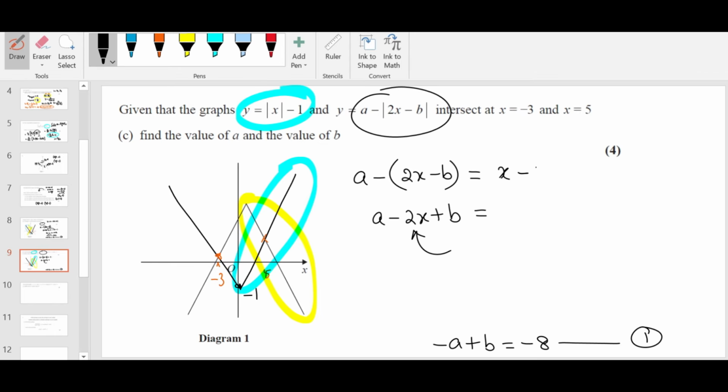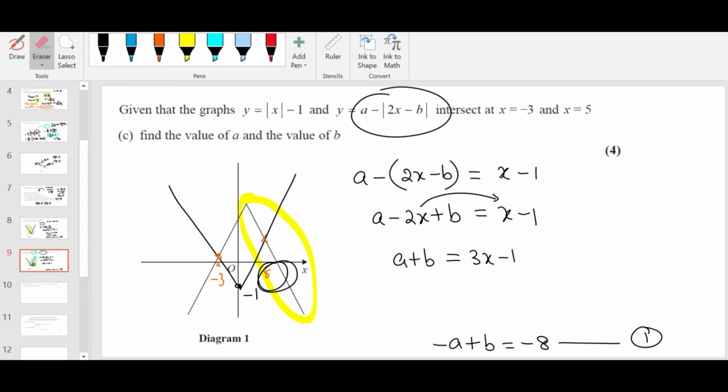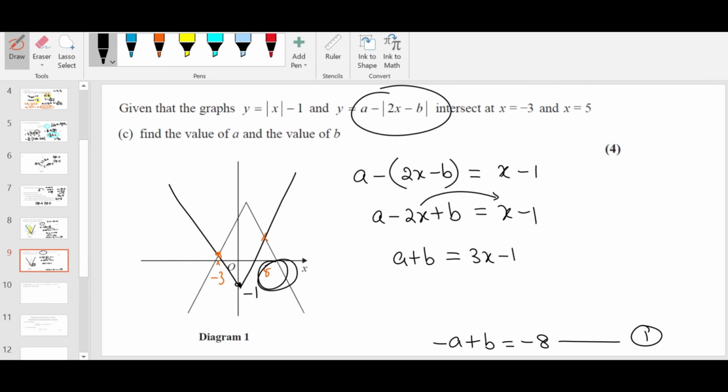So I'm going to take it as x minus 1 and solve again. I'm going to put this minus 2x this side. So a plus b is equal to 3x minus 1. And we know x is 5 at this point. So replace x by 5. You will get 15 minus 1 is 14. A plus b is equal to 14.